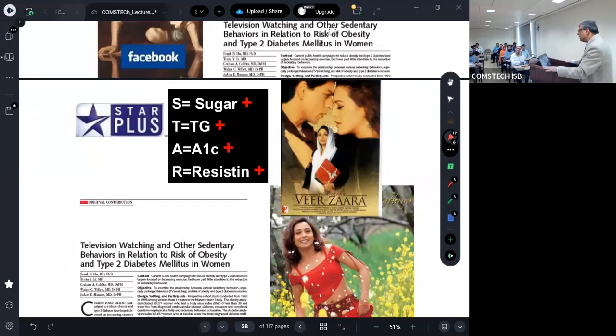So ladies and gentlemen, especially boys, if you want to change something in your life, try to do it before marriage. After marriage, you cannot even change the TV remote. Sometimes it's impossible. If there is a conflict between a game show or cricket match and a serial, to you cricket is important, but to them the serial is important.